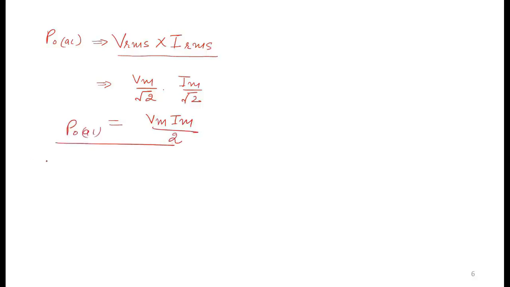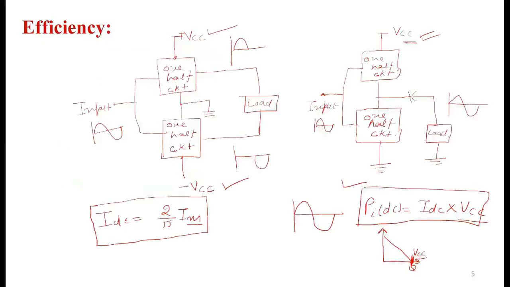Now to calculate the efficiency, we have the formula eta is equal to Po(AC) divided by Pi(DC) into 100%. So in the last slide we calculated Pi(DC) is equal to IDC into VCC, where IDC is equal to 2 by pi Im.